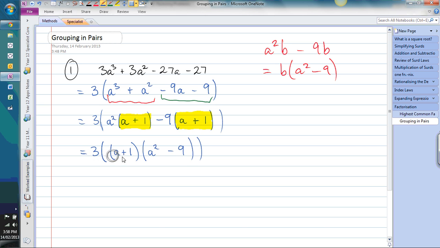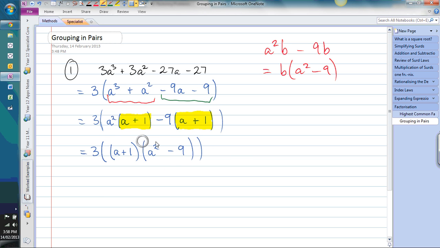And if we have a look at this expression here, there's actually a redundant set of brackets. This set of brackets here, the outside set of brackets, they're actually not doing anything. They're telling me I've got to do this bracket times that bracket before I do the 3 times it, times whatever the result is. However, we know that with multiplication it actually doesn't matter what order we do things in. I've got a 3 and I've got an a plus 1 and I've got an a squared minus 9.